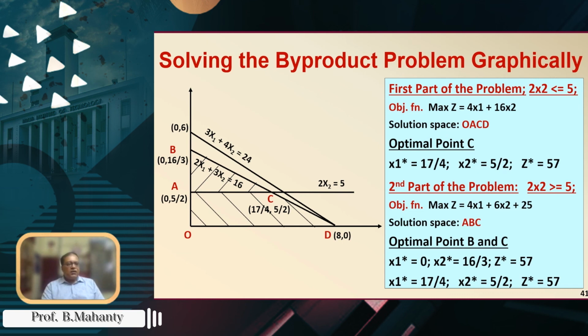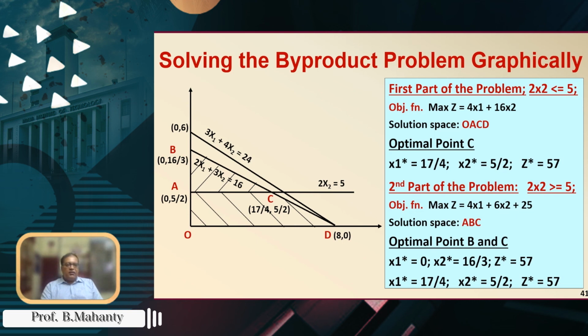So the solutions for the first part and the second part have a common point C, but from the second part we also have another point B, and therefore the entire line segment BC represents our solution space. That means there are alternate optimal solutions, and any point between B and C we can take as our optimal solution and work with.